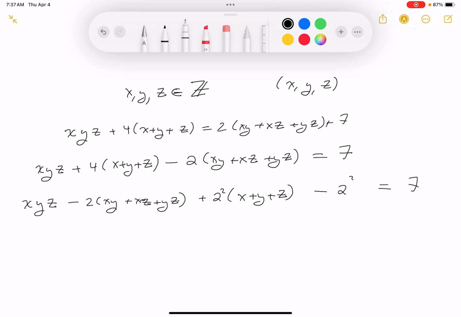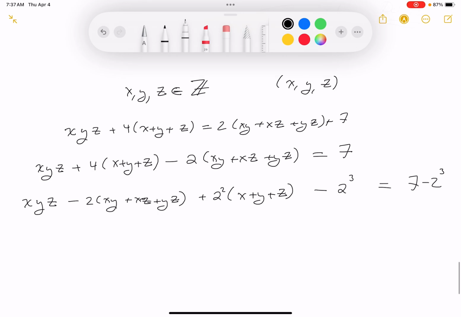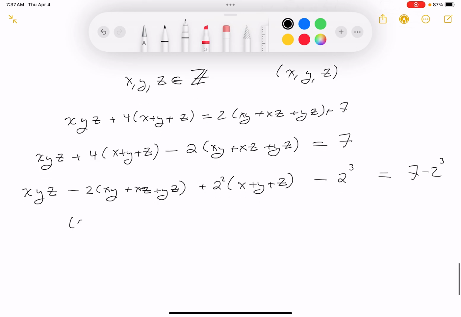Now here's the problem. If I subtract 2 cubed from the left side, I've got to subtract 2 cubed from the right side. All right. Now the question is, it sure does look binomial in form, and I'll say what it looks like to me. It looks like x minus 2, y minus 2, and z minus 2 equals, well, 7 minus 2 cubed is going to be minus 1.